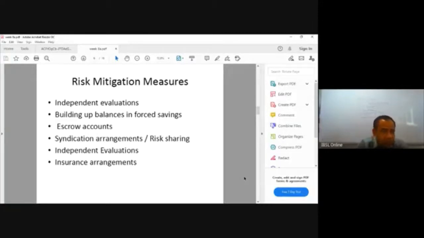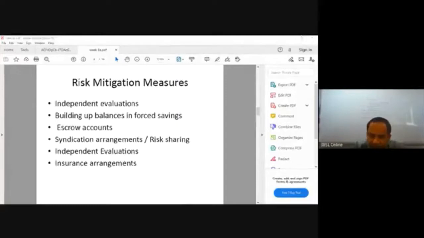Insurance also, you know that for your housing loan, there's a thing called decreasing term assurance policy also we take, right? Housing loan. What do you mean by the decreasing term assurance policy? What do you understand by that? Anyone knows about the decreasing term assurance policy?